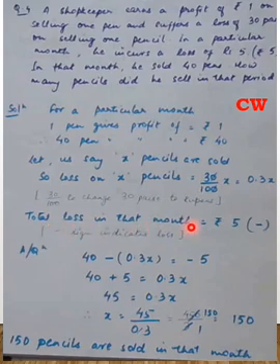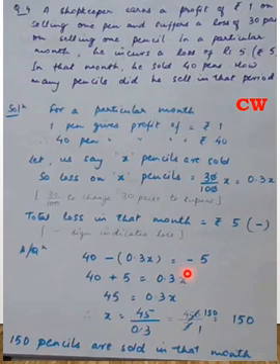Total loss in that month is given as rupees 5. I am putting a minus sign because loss actually tells about a negative thing, so the integer will have a negative sign here. Now according to the question, 40 minus 0.3x is equal to minus 5. After selling both these things, a loss of minus 5 is happening.